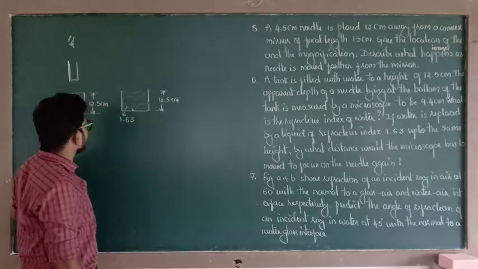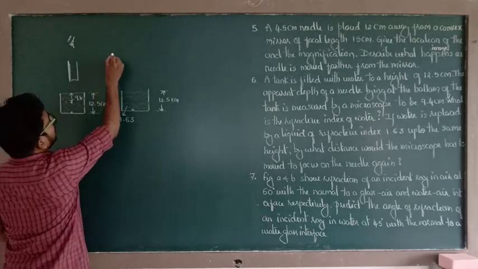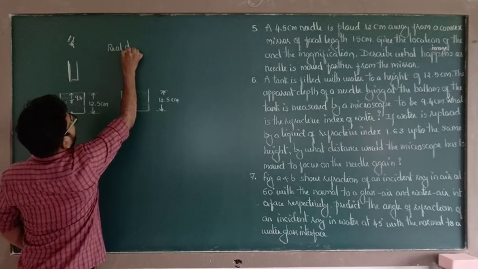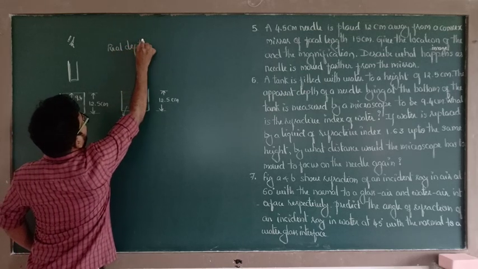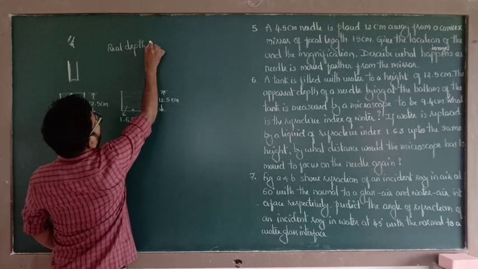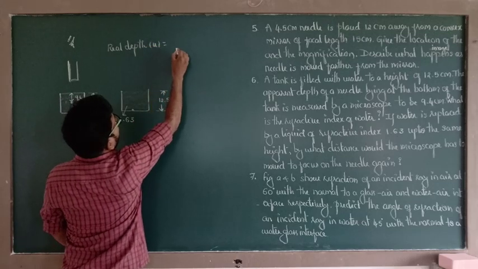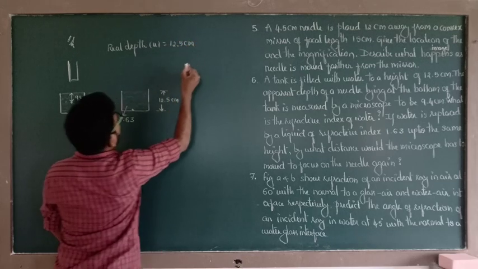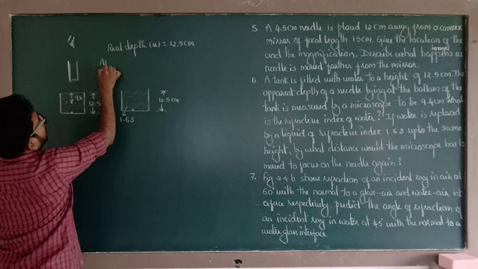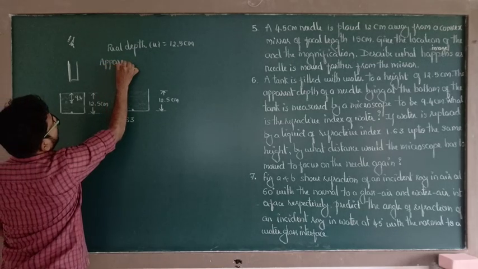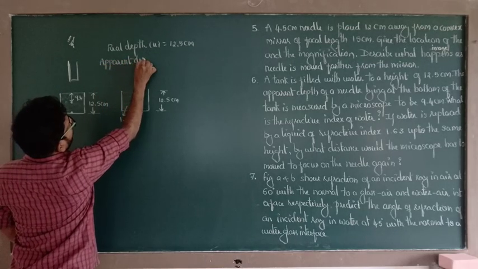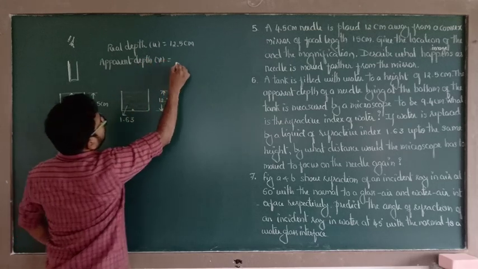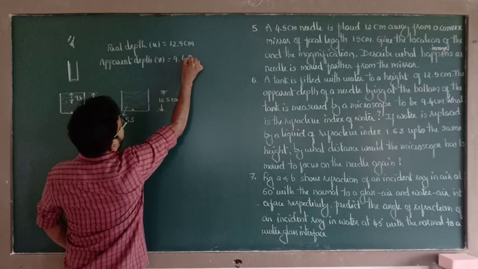Therefore, in the first case, the real depth or object distance is equal to 12.5 centimeter, and the apparent depth, image distance, is equal to 9.4 centimeter.